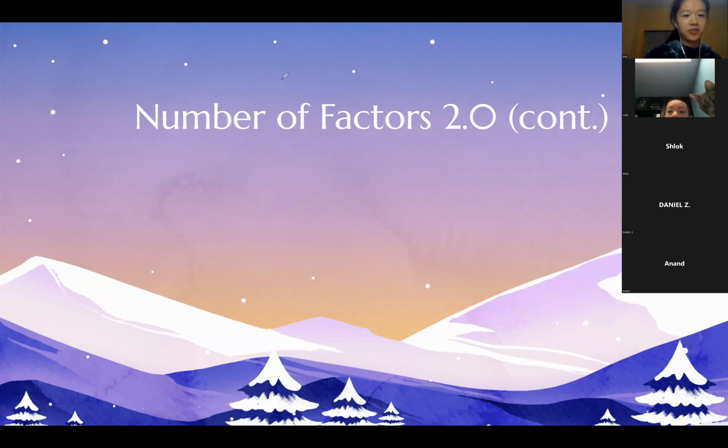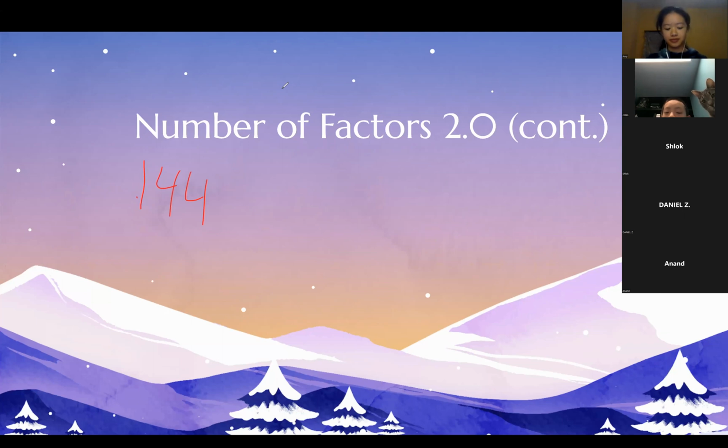How many perfect square factors does 144 have?